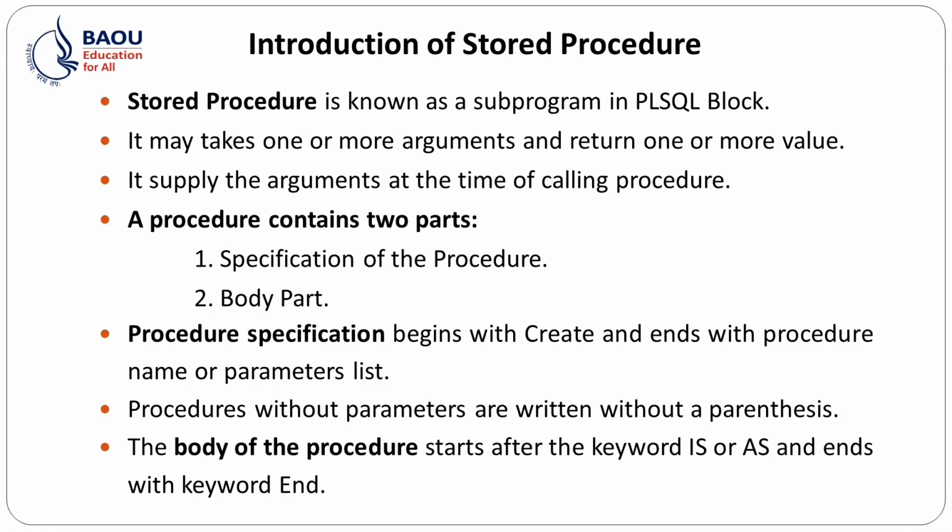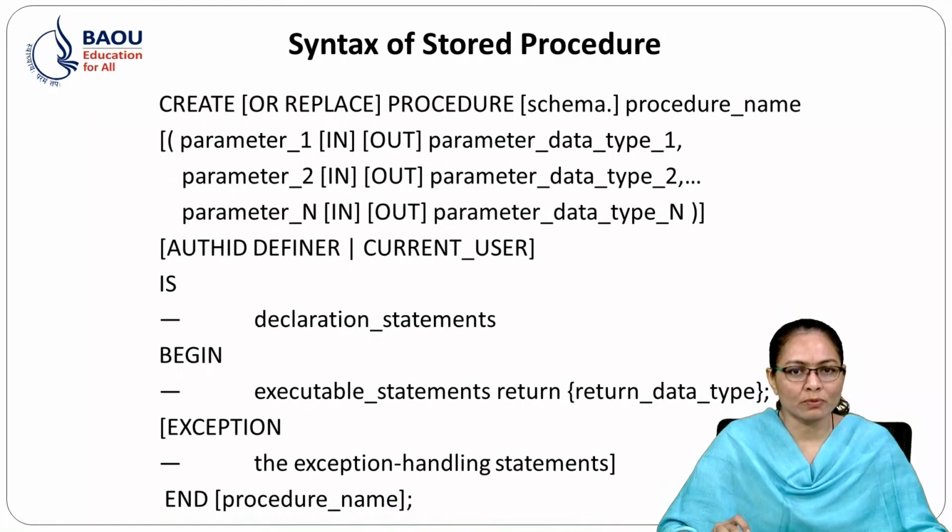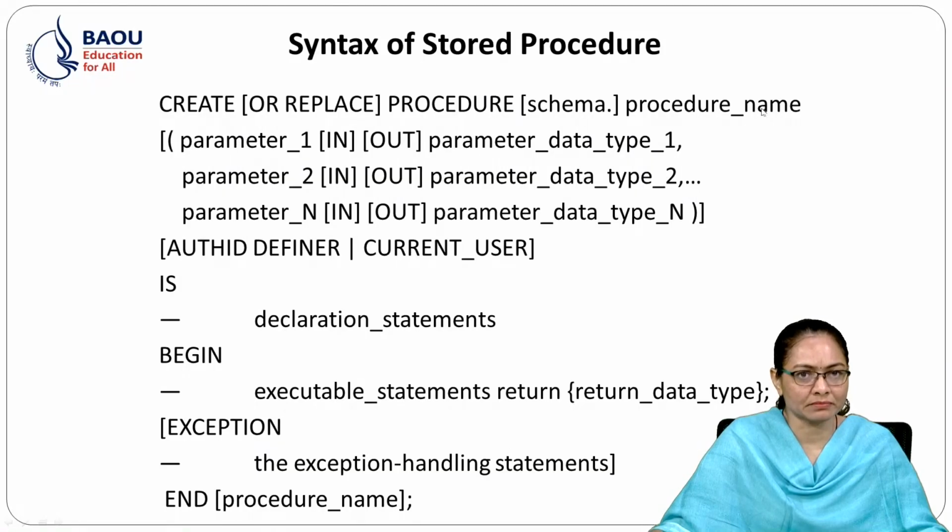See, try to understand with the syntax. The syntax of stored procedure and function is here. See, create or replace procedure, then schema, then procedure name. In the bracket, after that, in the square bracket, opening and closing square bracket, the parameter is there. The parameter 1, IN or OUT, you can use this, and then the parameter data type.